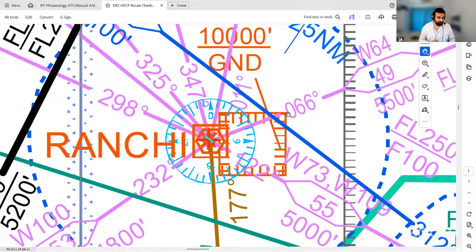I'm just doing it on the calculator. So this looks like 135 kilometers.